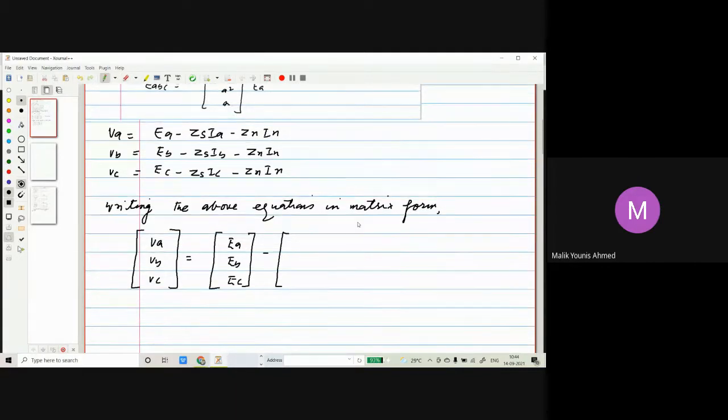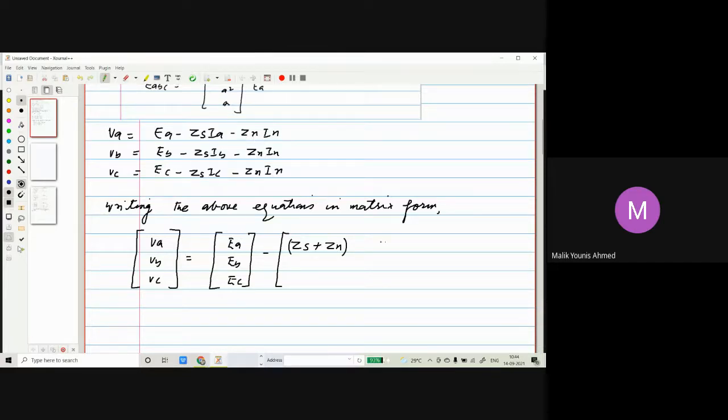Now the impedances will be ZS plus ZN. How come? Because IN will be equal to IA plus IB plus IC. So I'll write this as ZS plus ZN, because one of them will be common with IA.